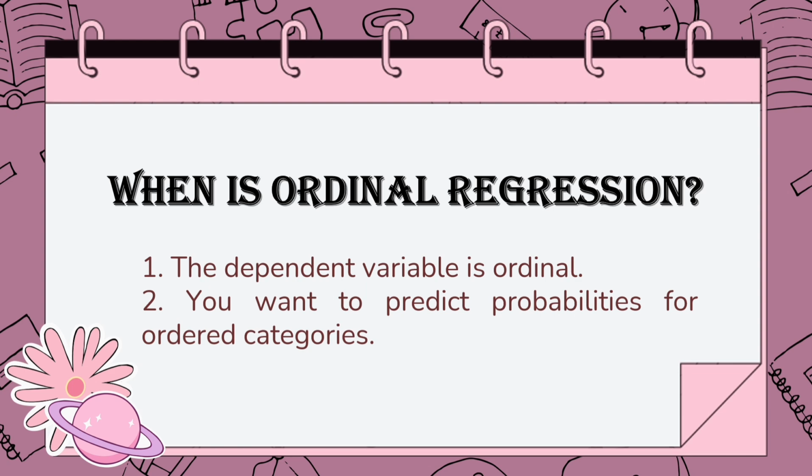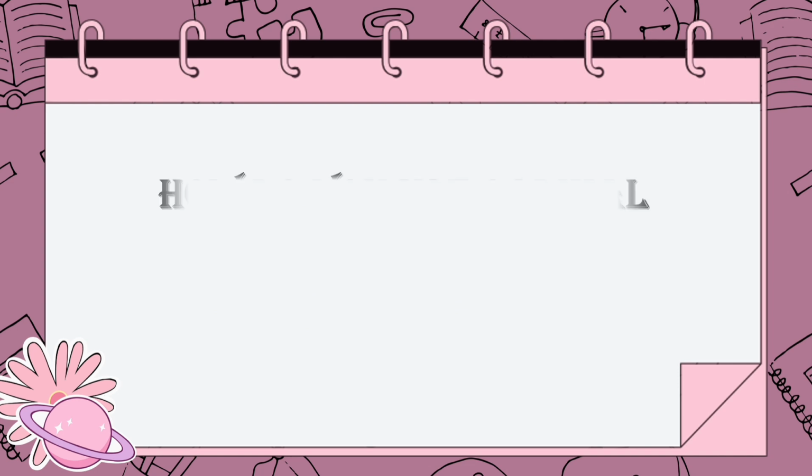Ordinal regression is typically used when your data contains more than 2 ordered categories, but you're not dealing with continuous variables. It differs from linear regression because the assumptions of linearity and homoscedasticity do not apply when the dependent variable is ordinal. So let's proceed.